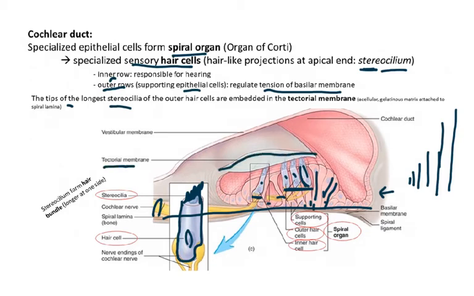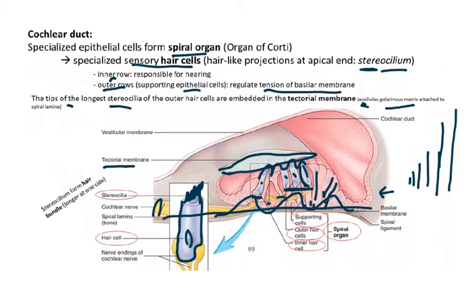So this here is the tectorial membrane, which is acellular. It's kind of a gelatinous matrix. And what it's really going to do is it's going to be firm and non-moving. And as the basilar membrane vibrates, these hair cells are going to be bumping into this non-moving tectorial membrane.